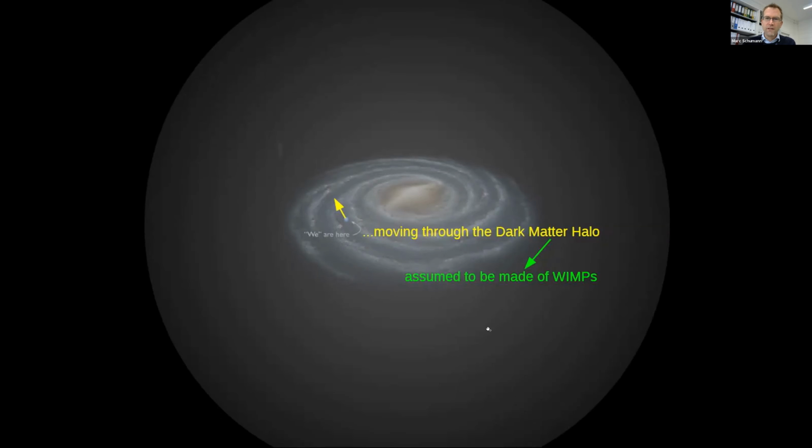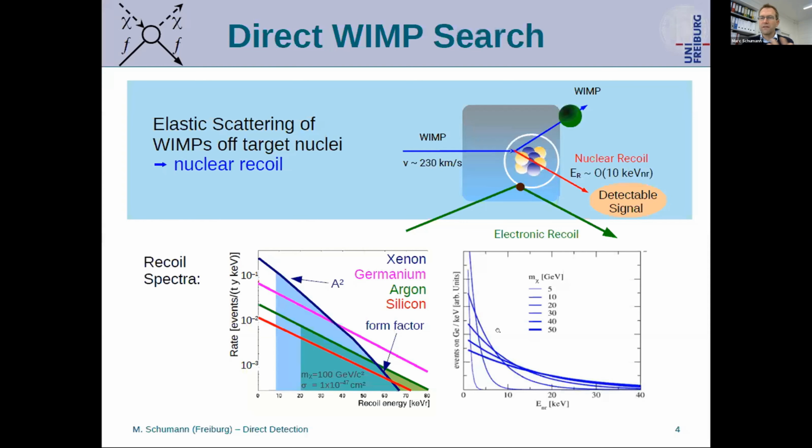If we move through this dark matter halo, one thing that we know for sure is that it's not co-rotating. There will be a WIMP wind basically facing us, and if we place nuclei, that is our detector, in the lab, there will be WIMPs hitting the target occasionally, assuming there is some kind of interaction between the dark matter particle and ordinary matter.